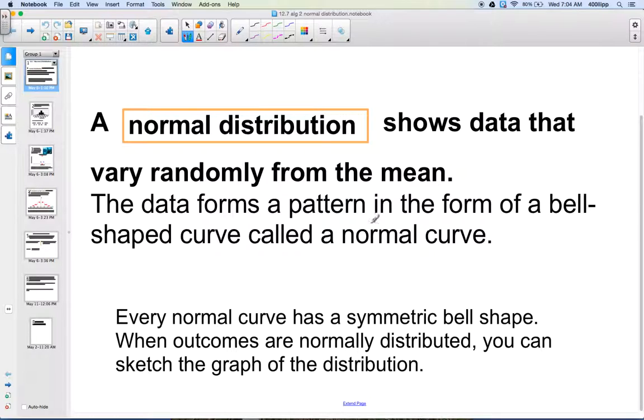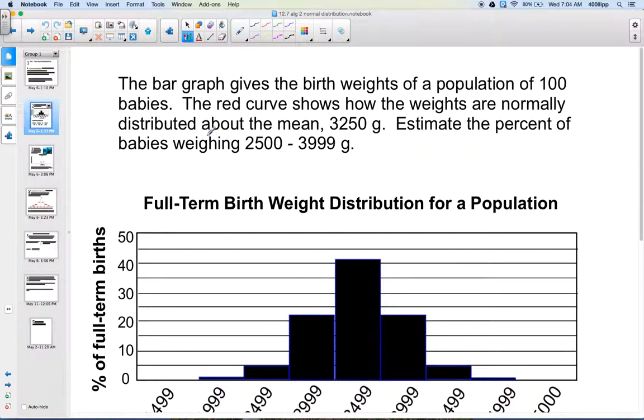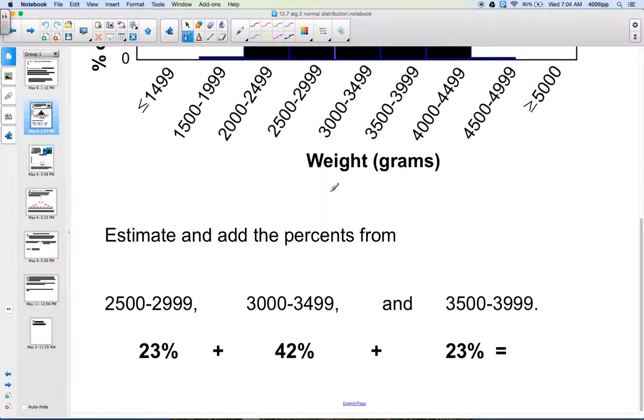Every normal curve has a symmetric bell shape. So if we look at this example here, we're looking at the birth weight of babies. So it says estimate the percent of babies weighing between this range here, 2,500 and 3,999 grams.